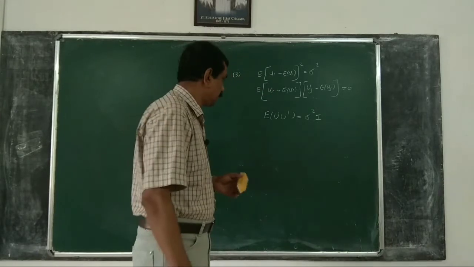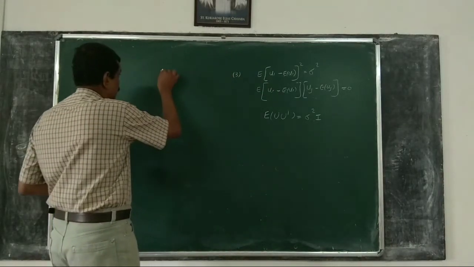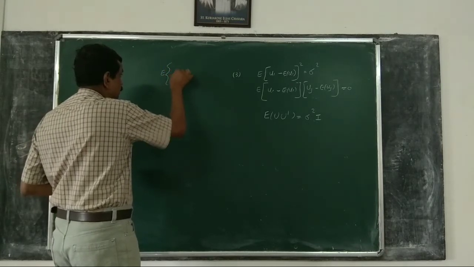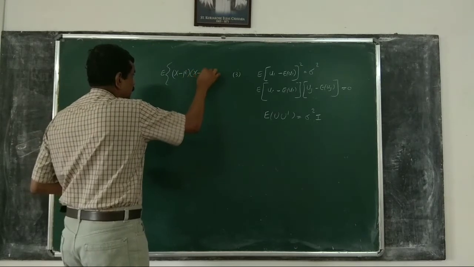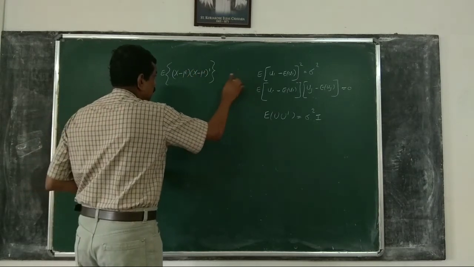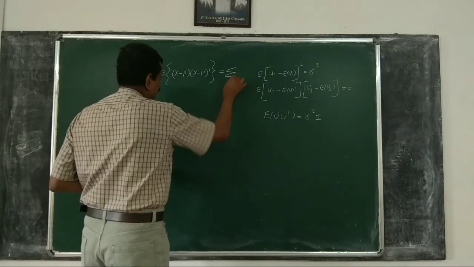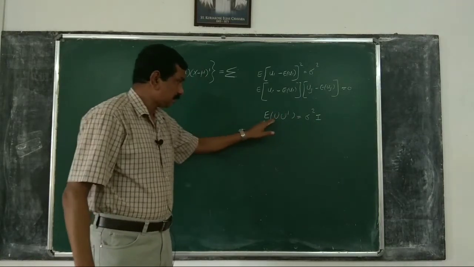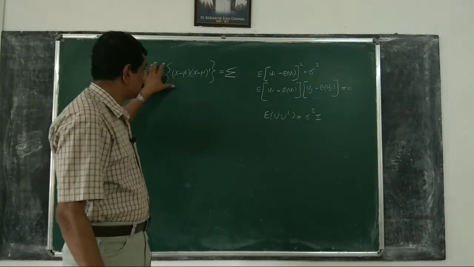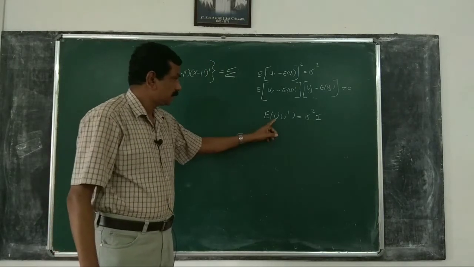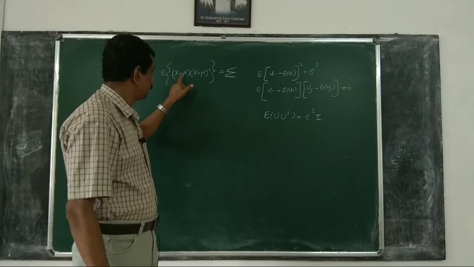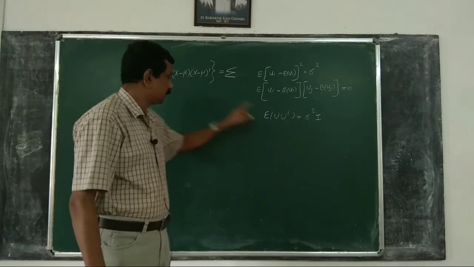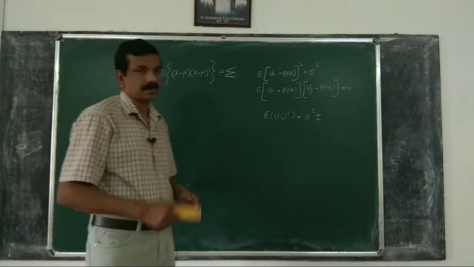Now, in the last class, I wrote the expected value of x minus mu into x minus mu transpose as equal to the variance covariance matrix. Now, this specification is a special case of this. We know that expected u is 0, so here it is the expected value of u u transpose.